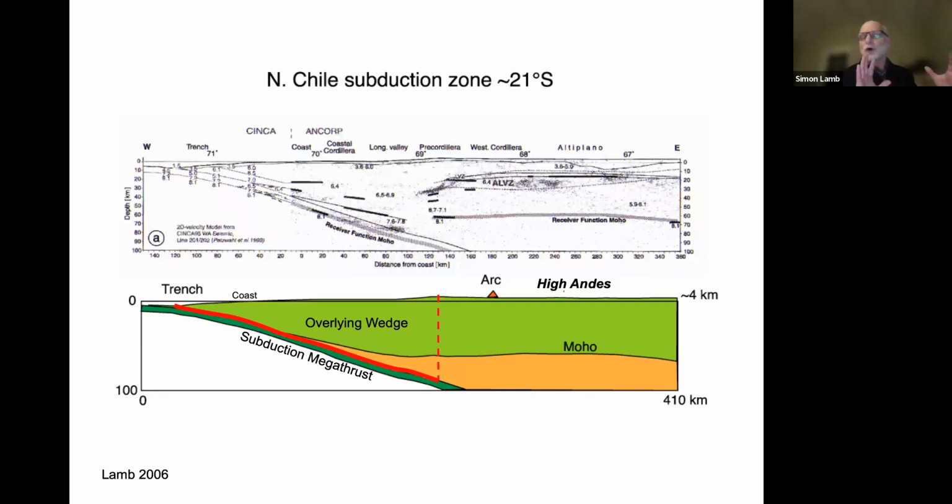You're not overall compressing the high Andes, or providing insufficient strength so they're collapsing. You're more or less at a balance. So basically, you can think of the weight of the Andes as providing a lateral push, which has got to be balanced by the stress that you apply to the megathrust. And that's really where the calibration comes in, because one thing we can calculate is what this lateral push would be, because that's actually coming from gravity.